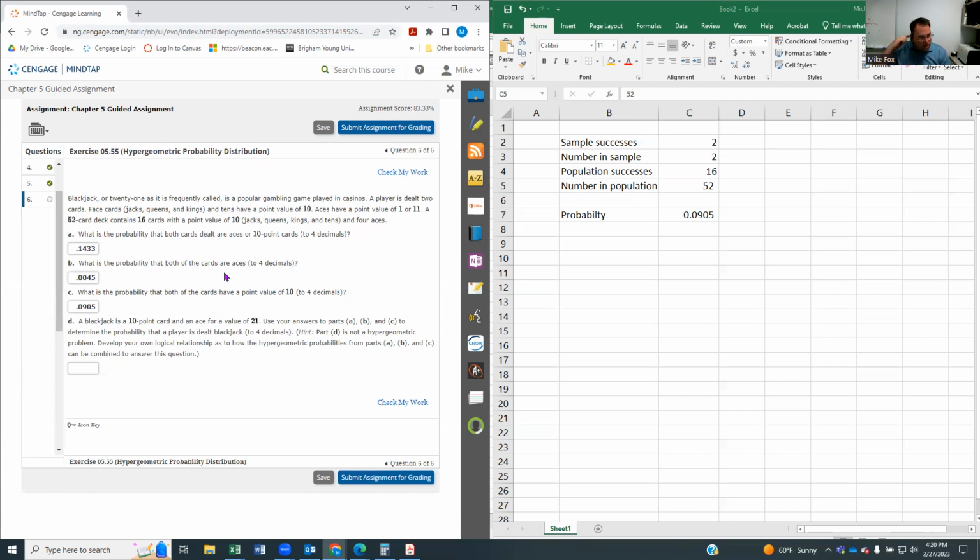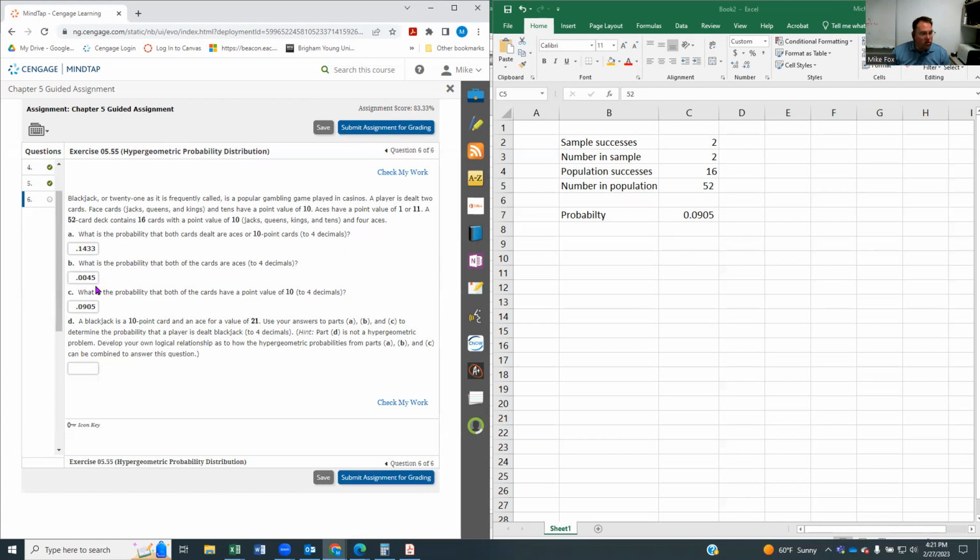All right, so the last question is an interesting one, because it says a blackjack is a 10-point card and an ace. Use your answers in part A and B to determine the probability that a player is dealt a blackjack. And then it gives you a hint that it's not a hypergeometric problem, so develop your own logical relationship. So here's what I want you to think about. There's a 0.1433 chance that they're either aces or 10-point cards, okay?